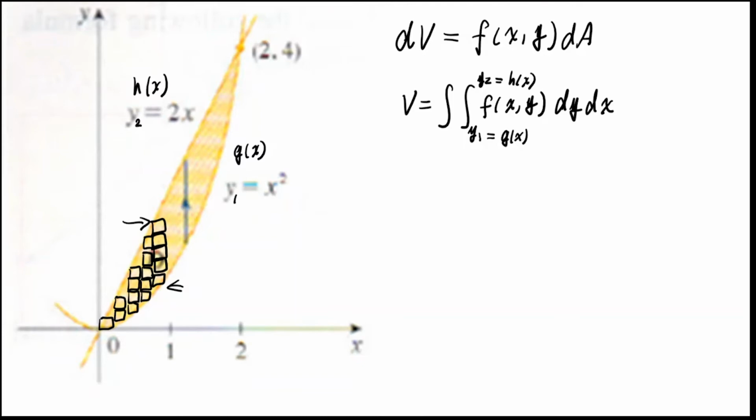Having said that, how many columns exist is the next integral. That's from a to b. So in our case, this becomes from y equal to x squared to y equal to 2x. I'm writing it like that.